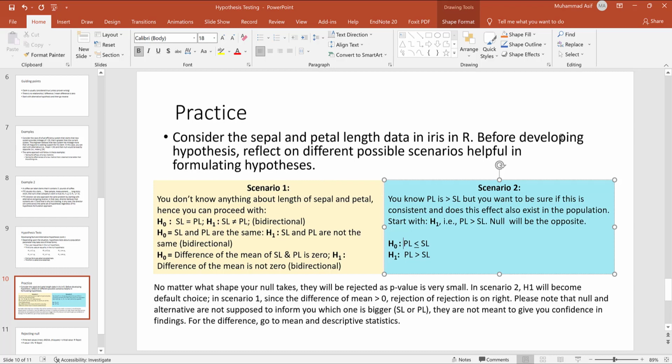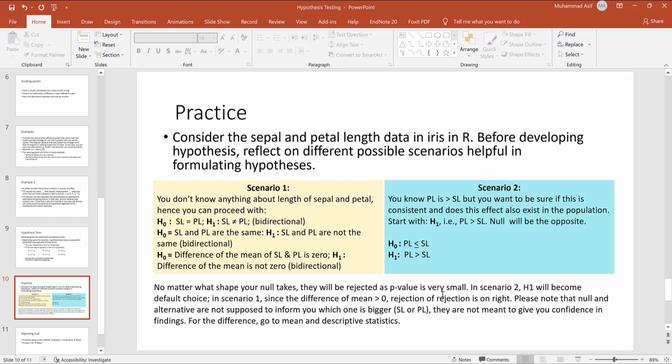Now, whatever shape the hypothesis takes, when you collect data and apply a test, most probably a two sample t-test, and get the p-value, using the same data for any of these scenarios, the p-value will be very small.